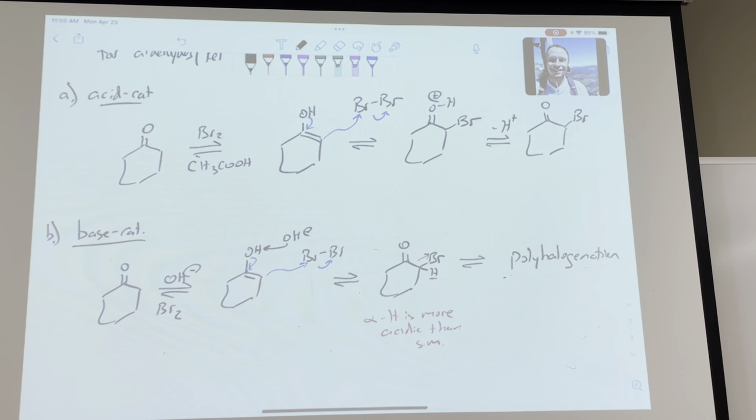So maybe we'll write not synthetically useful. Because again, it's difficult to control. You get multiple halogens adding. So if you want to try to do this, you're always going to use the acidic conditions.